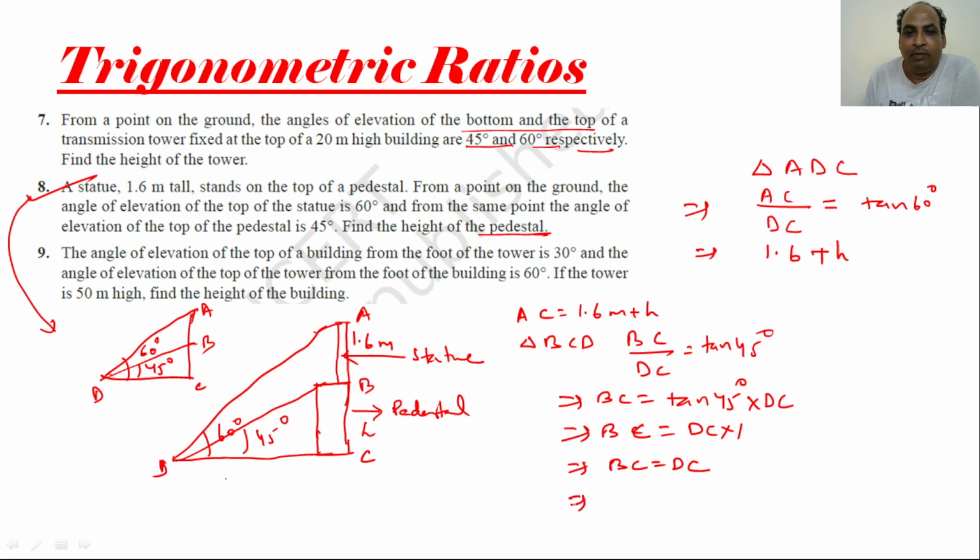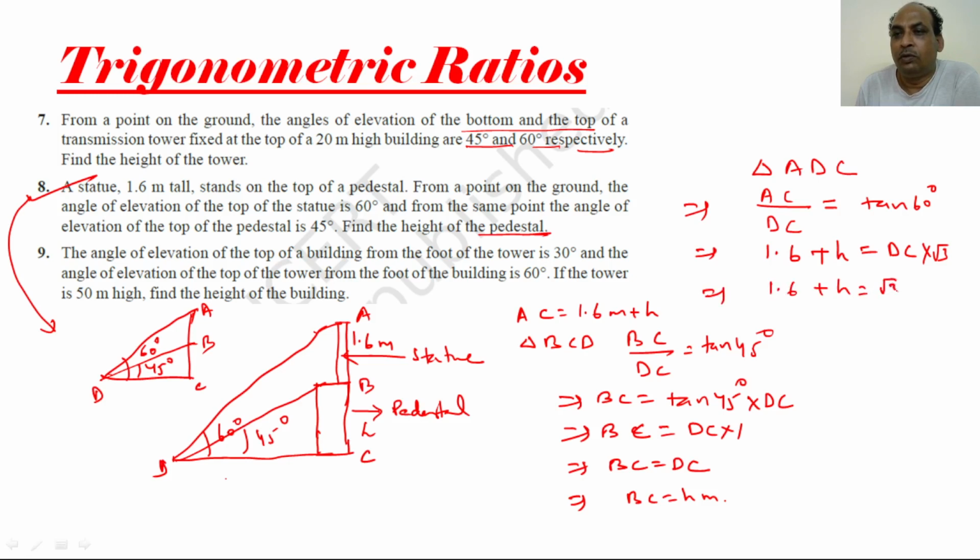Now as BC is equal to H, DC is also equal to H meter. So 1.6 plus H is equal to DC into tan 60 degree, which is root 3. Now 1.6 plus H is equal to root 3 H.